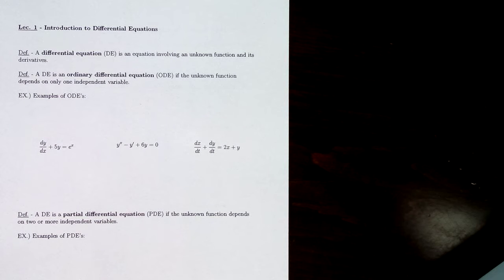In this course, we will be focusing solely on ordinary differential equations. I do have partial differential equations defined below as the unknown function depending on two or more independent variables. So if we had a multivariable function and its derivatives, that would constitute a partial differential equation.